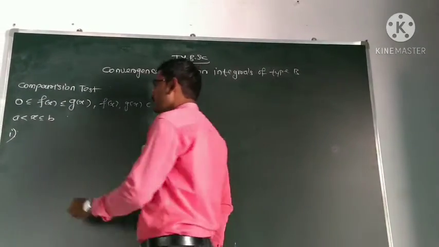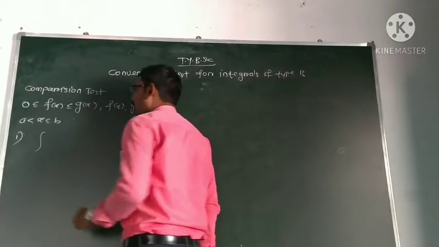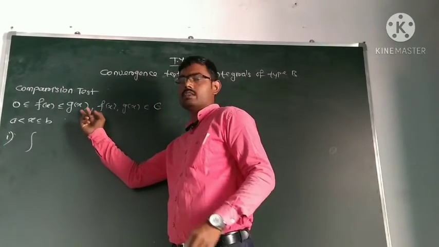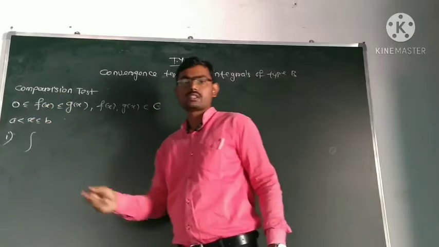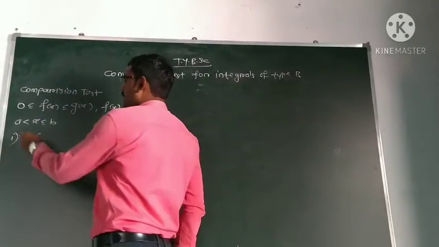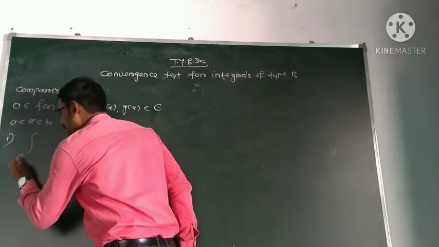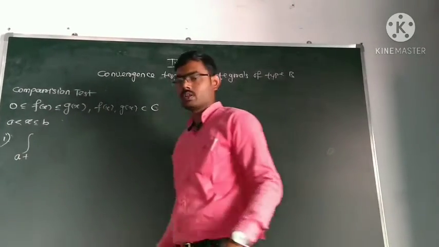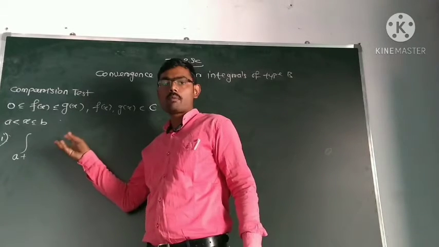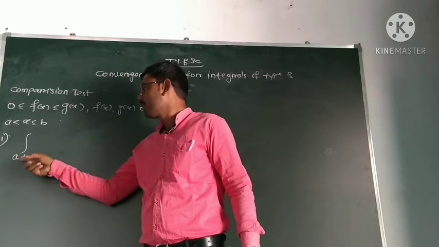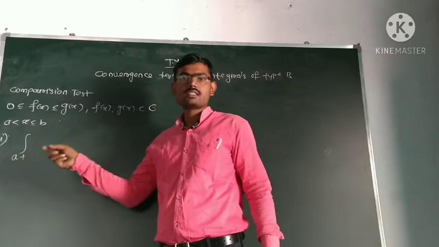if the improper integral of the bigger function is convergent, then the improper integral of the smaller function is also convergent. Suppose a is the singular point. Instead of writing just a, write a plus. This means this improper integral of type B became improper because the point a is the singular point.